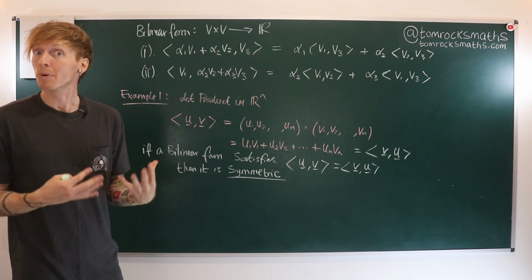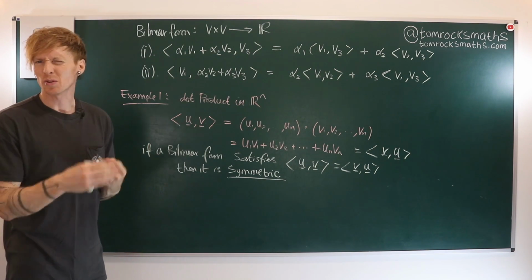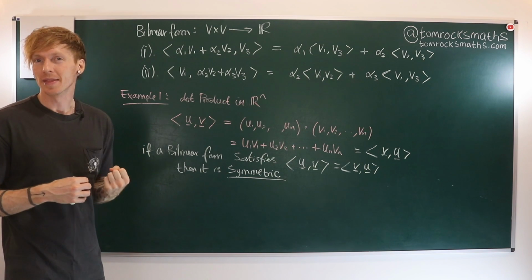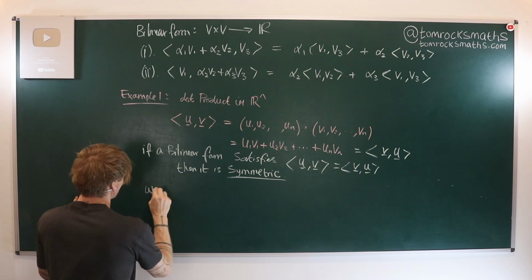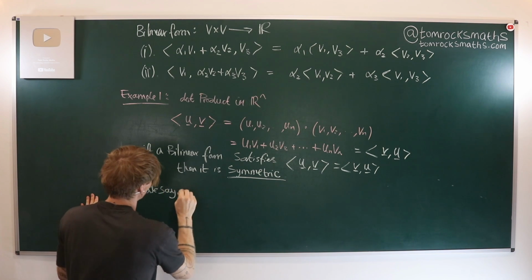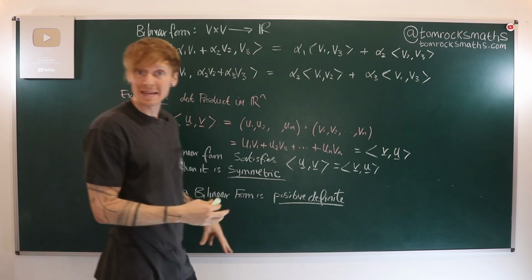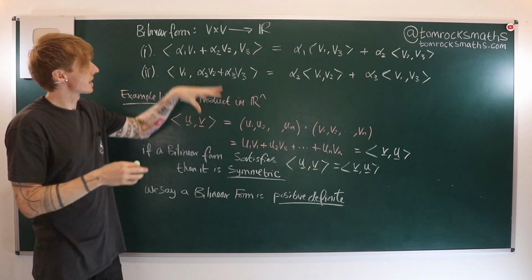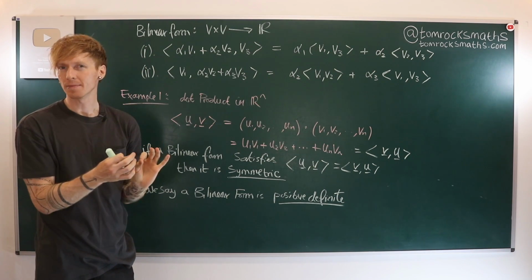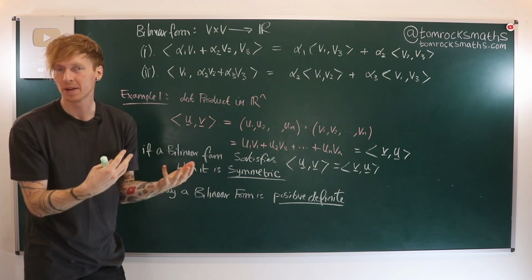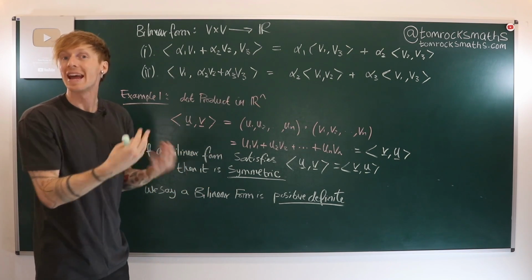Now there is another important property which is called positive definite, which we should also think about at this point. So we say a bilinear form is positive definite to mean that when you take the bilinear product of the same thing, so of u with itself, then the answer is always non-negative.